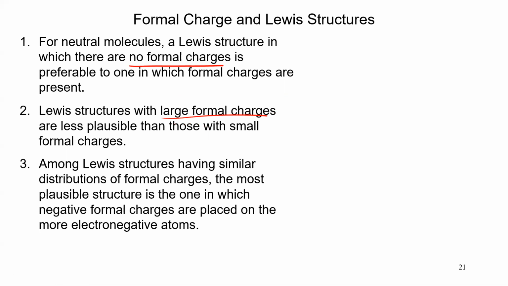Those are not as likely. Those are not as good as Lewis structures that have smaller formal charges. And if we have to have formal charges, the negative formal charge should be on the more electronegative atoms. So again, just going through what we mentioned earlier.